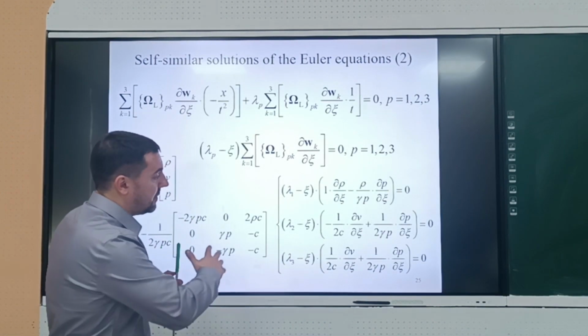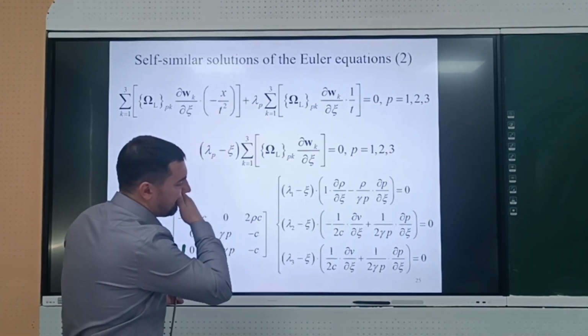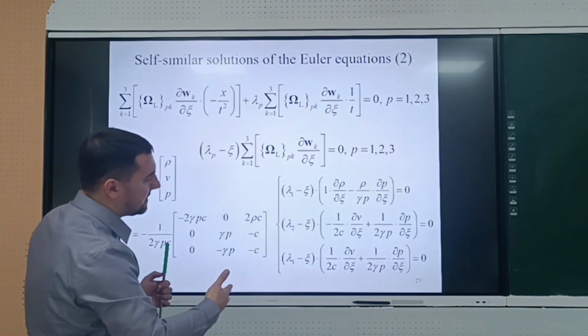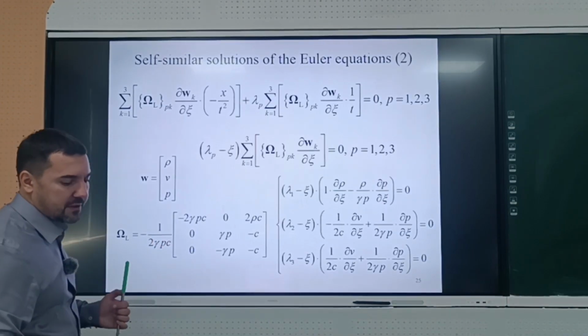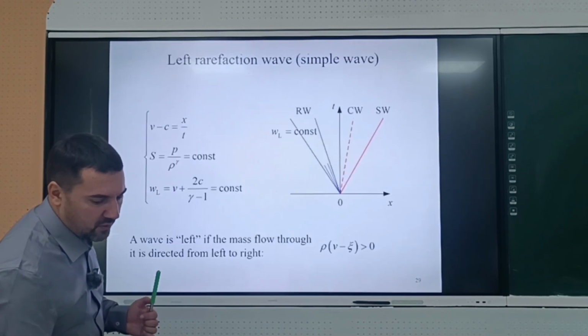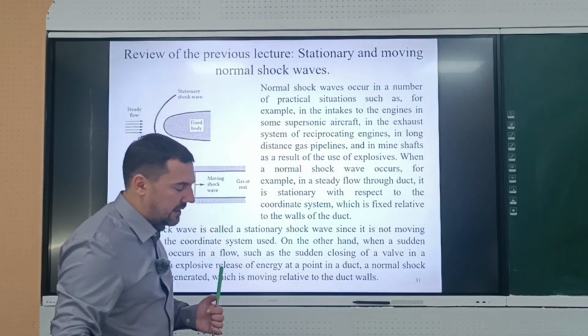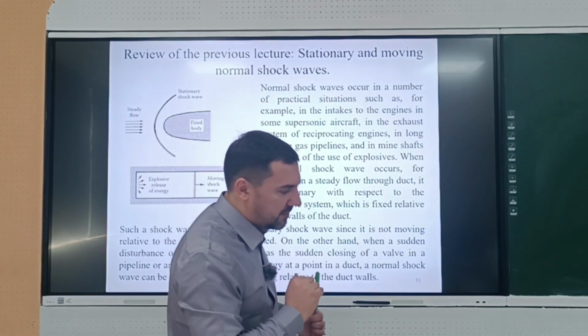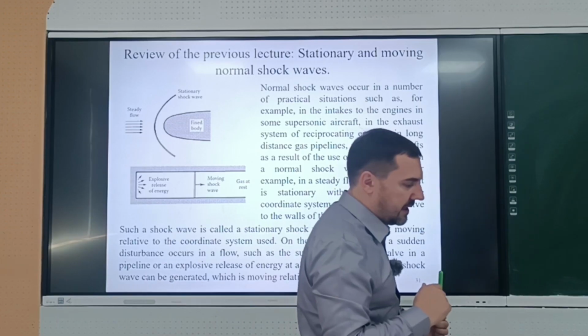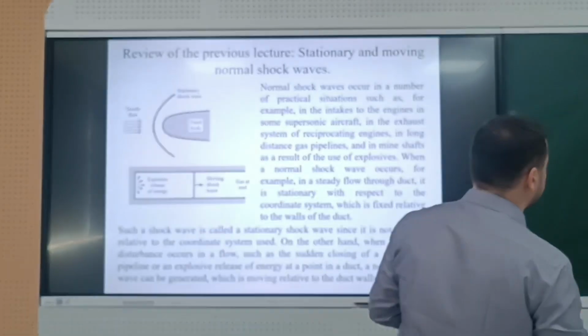Here also, we obtained the necessary mathematics that can be used to construct the Riemann problem solution, but it's also possible to show a number of problems or flows in which simple waves exist.